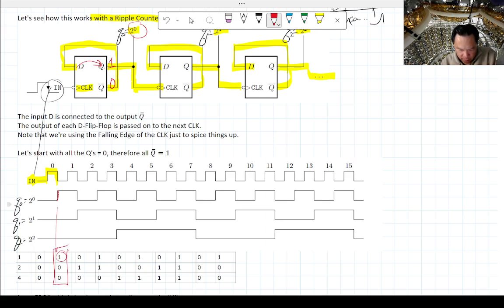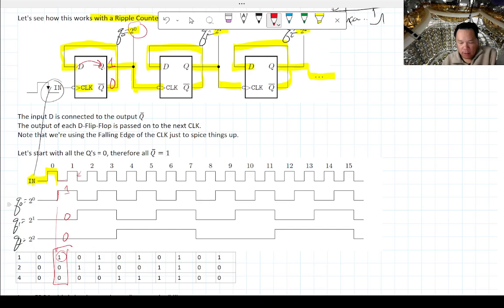So this is 1, this is 0, this is 0. I'm just lining them up. And then nothing happens once again. When the clock pulses back up again, you have a positive edge. This particular flip-flop doesn't care about that. And then I wait till the next negative edge.